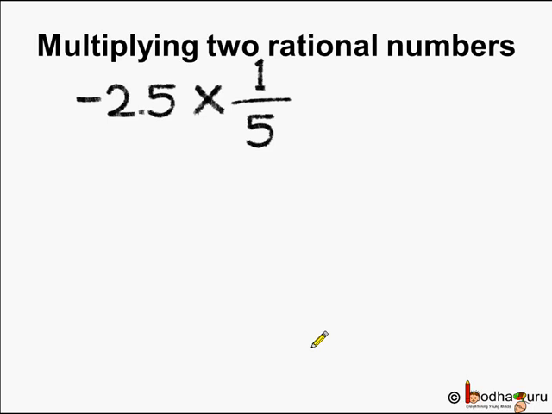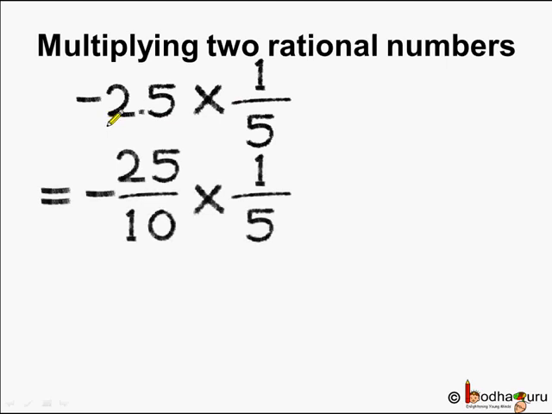Let us see what happens when we multiply two rational numbers. Here we have minus 2.5 multiplied by 1 by 5. Now minus 2.5 can be written as minus 25 by 10. We remove this decimal from the numerator and we get 10 in the denominator.